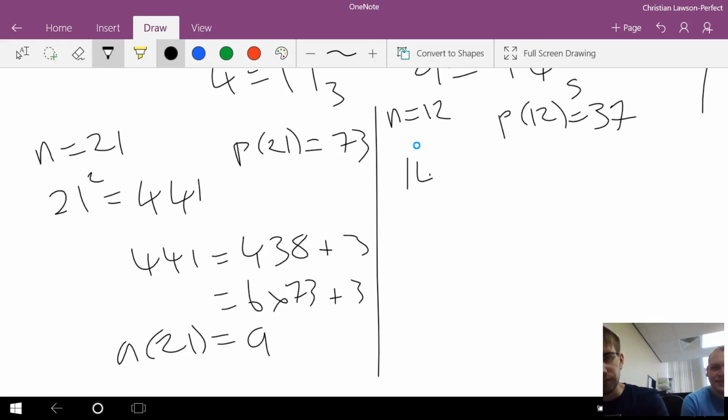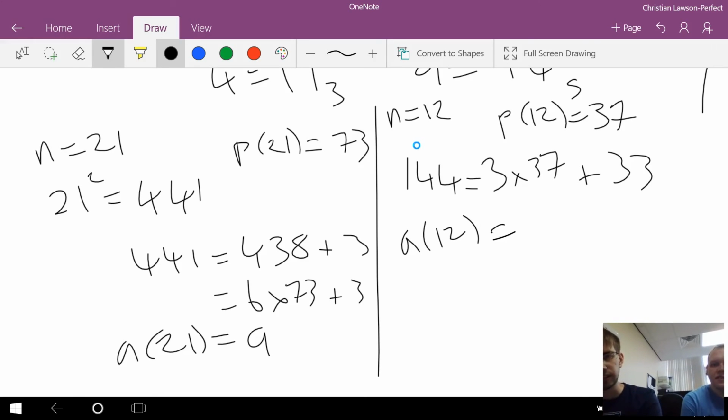So 144 is not 4 times that, it's 3 times that. 3 times 37 plus 33. So that's why it's really high. So A of 12 is 36.